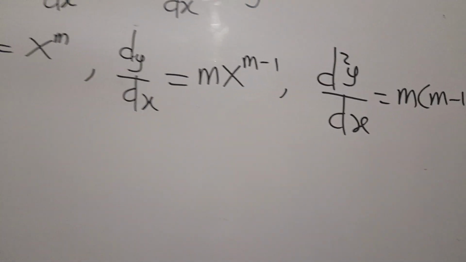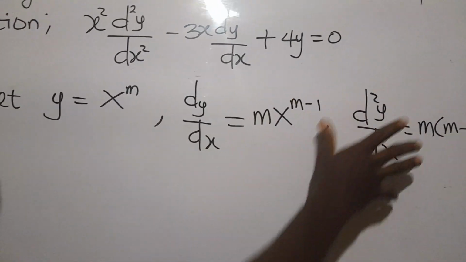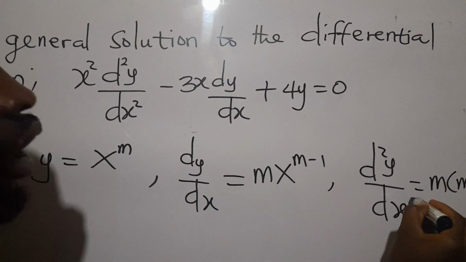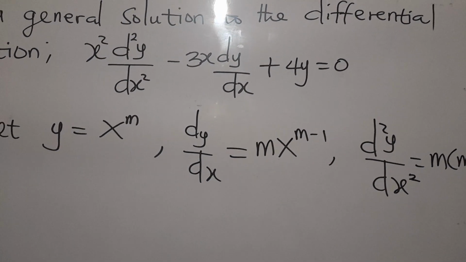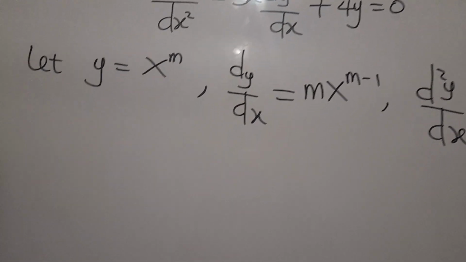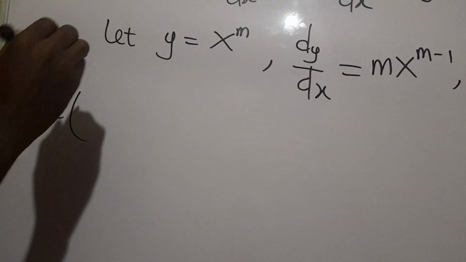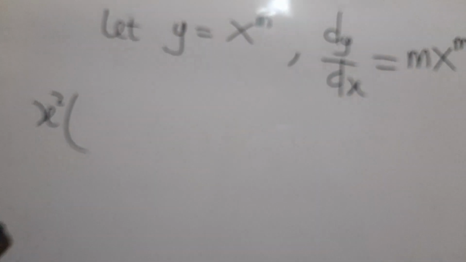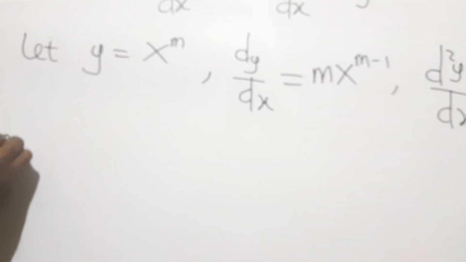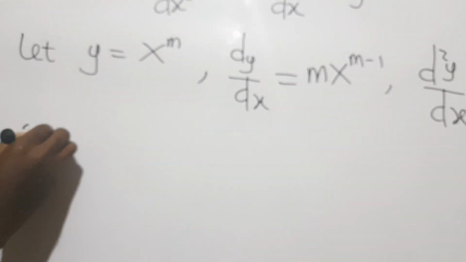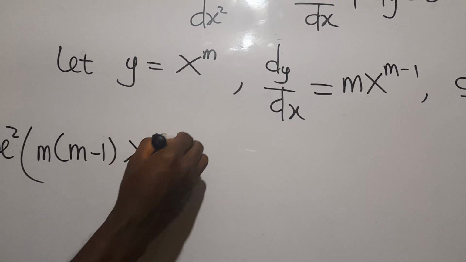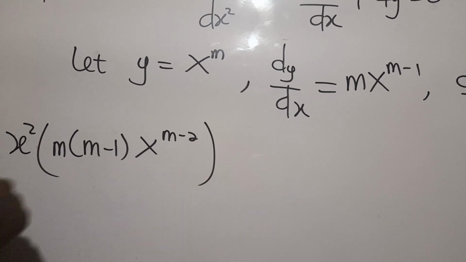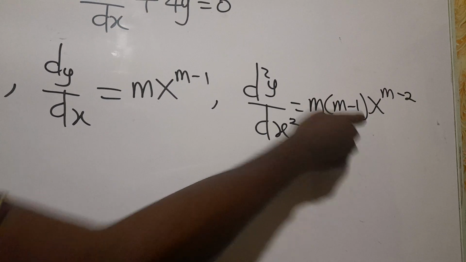What next? We substitute y, dy/dx, and d²y/dx² into our differential equation. So we have x² in place of d²y/dx², and we substitute m(m minus 1)x^(m-2), the whole of this in place of this.